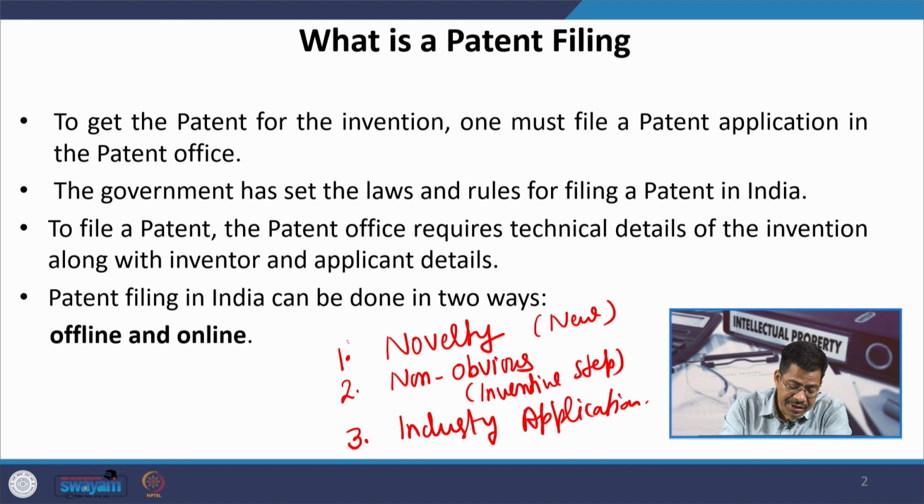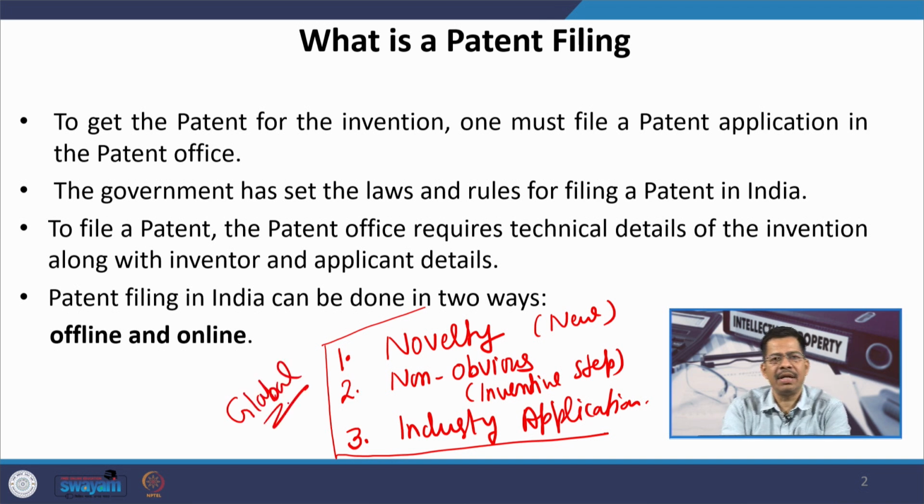And these three conditions are universal, global conditions, or you can say these are decided by WIPO, and accordingly each country will develop its patent act based on these three conditions. Something which is novel, something where some element of inventive step is present, and at the same time it is an application-oriented invention.